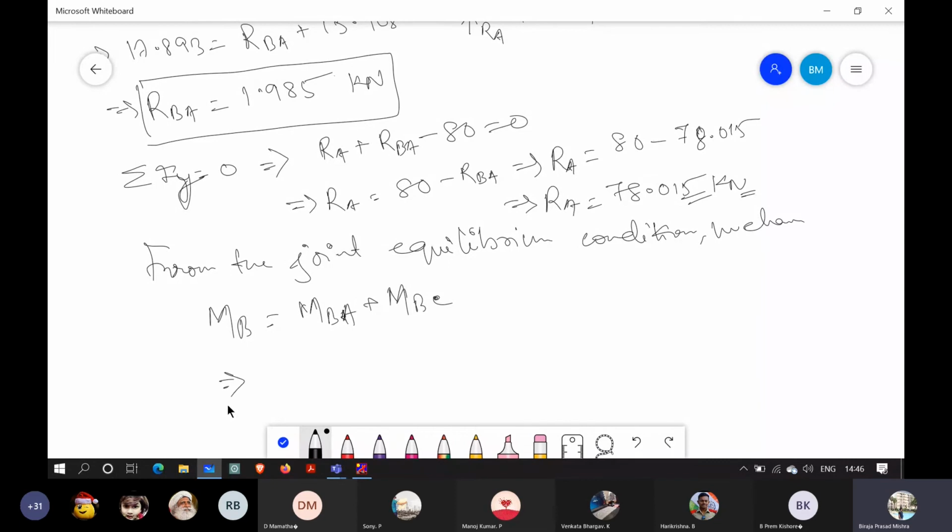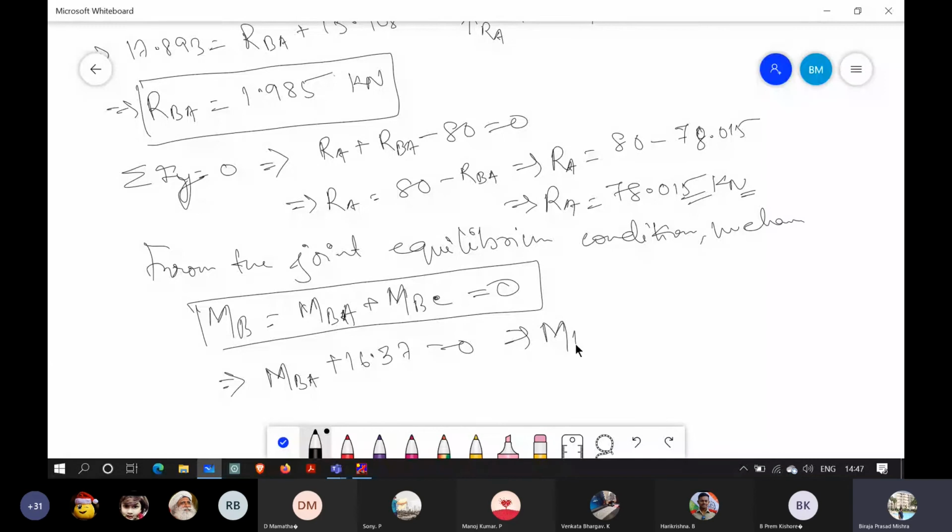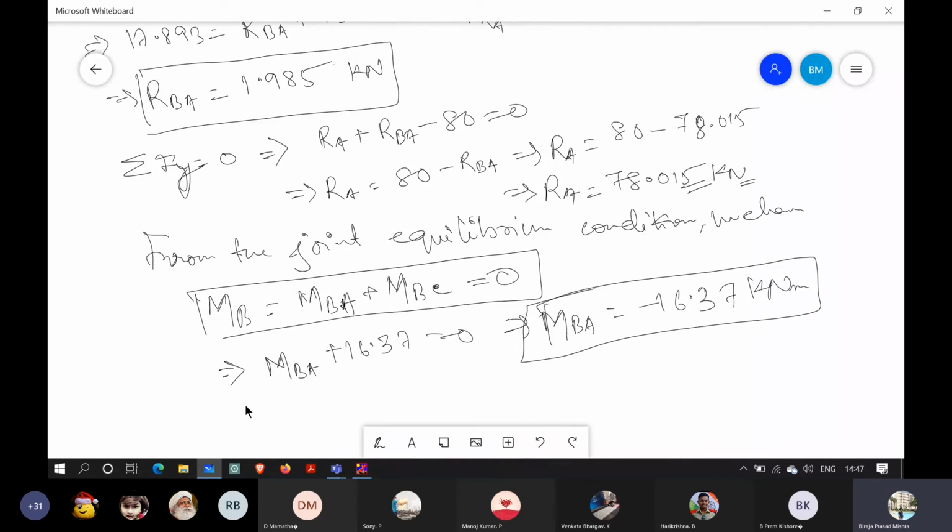So this will be 0. This implies MBA plus 16.37 equals 0. This implies MBA equals minus 16.37 kilonewton meter. The moment here we have found out.